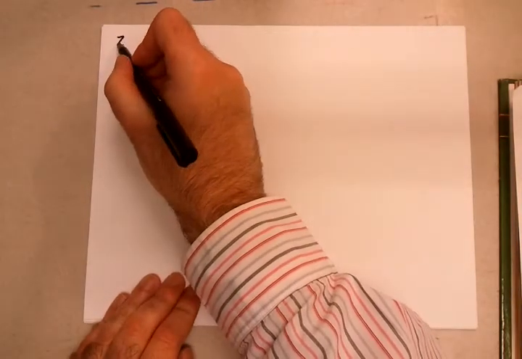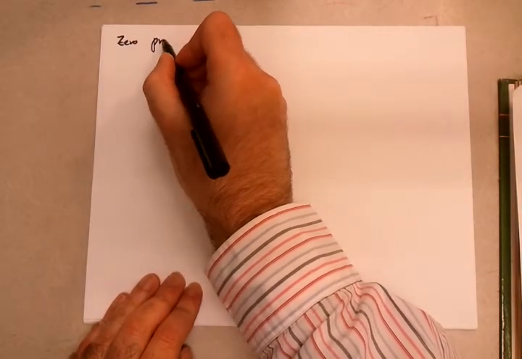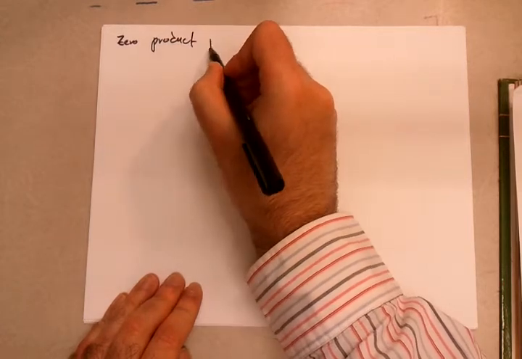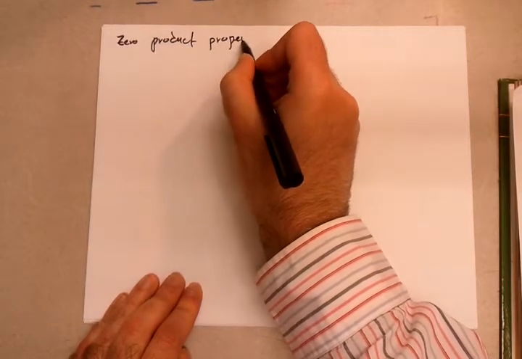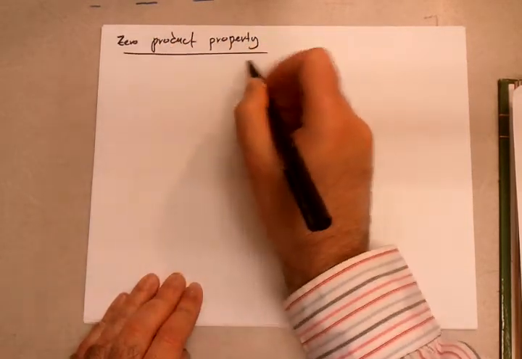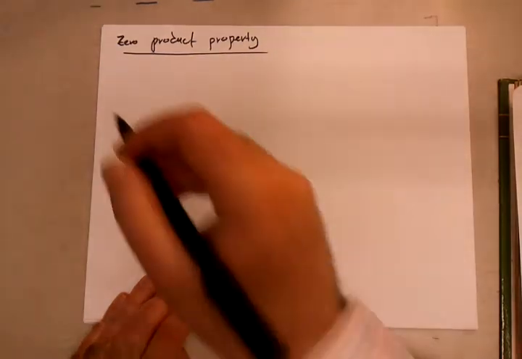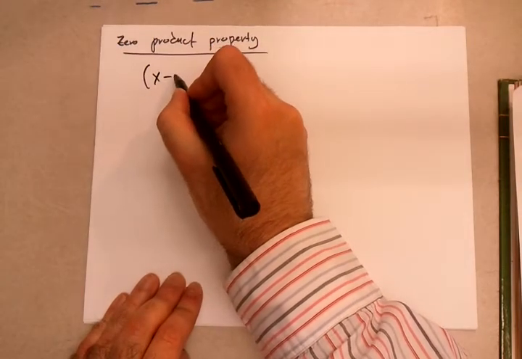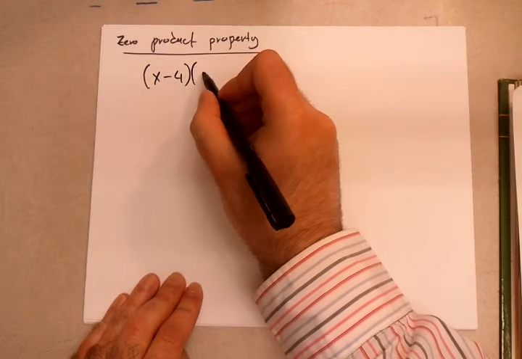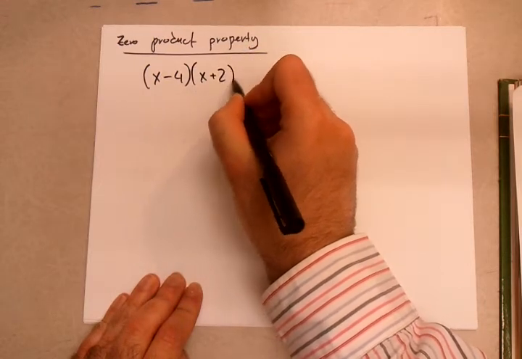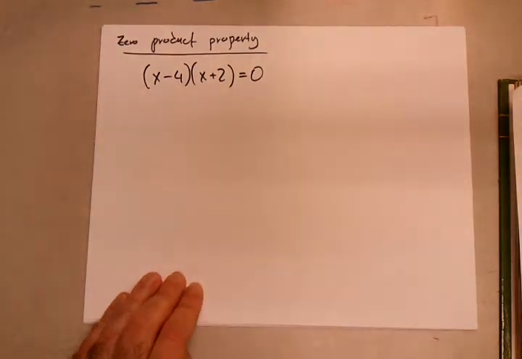So in the last example for the zero product property, because that's what we're talking about right now, I'll write it here, the zero product property, we have, for example, x minus 4 times x plus 2 equals 0.